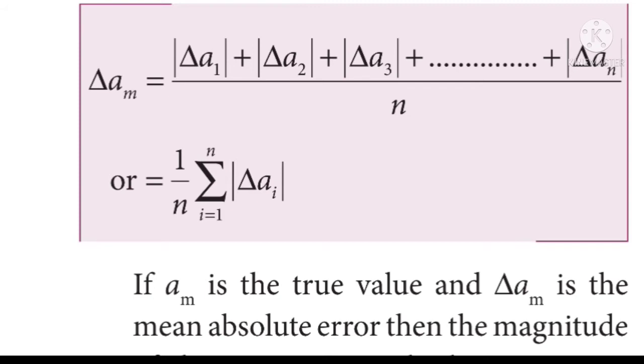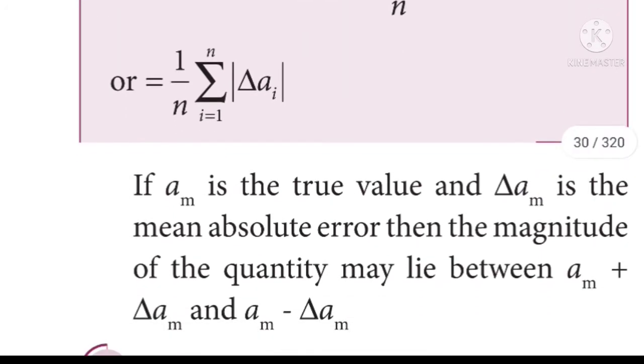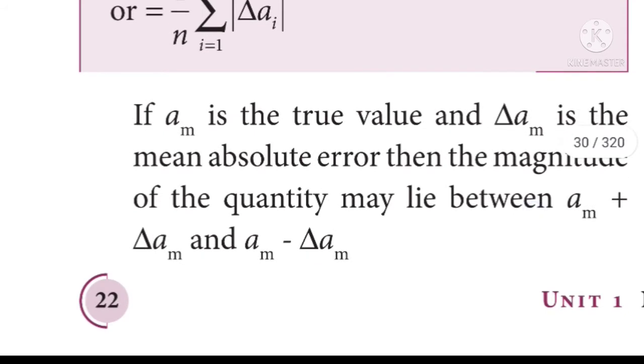Here we can say that Am represents the true value, which is nothing but the arithmetic mean of all the measured values, and del Am is nothing but the mean absolute error. Then the magnitude of the quantity may lie between Am plus del Am and Am minus del Am.